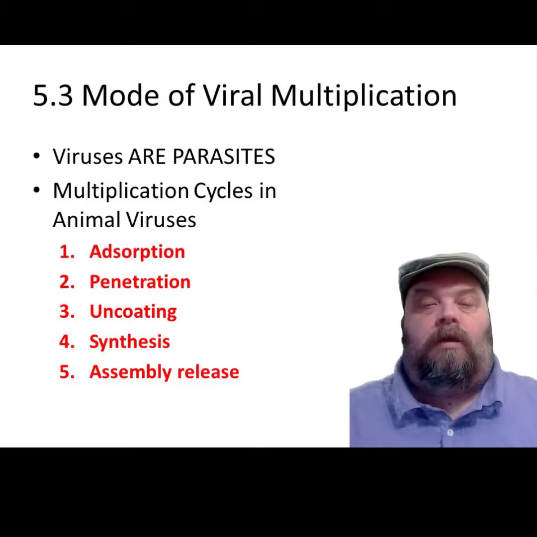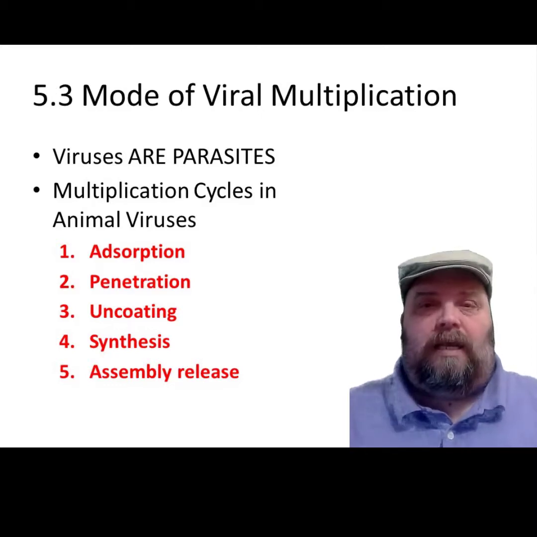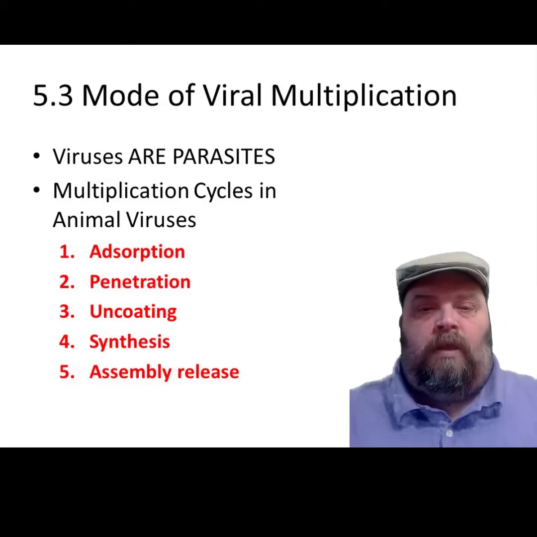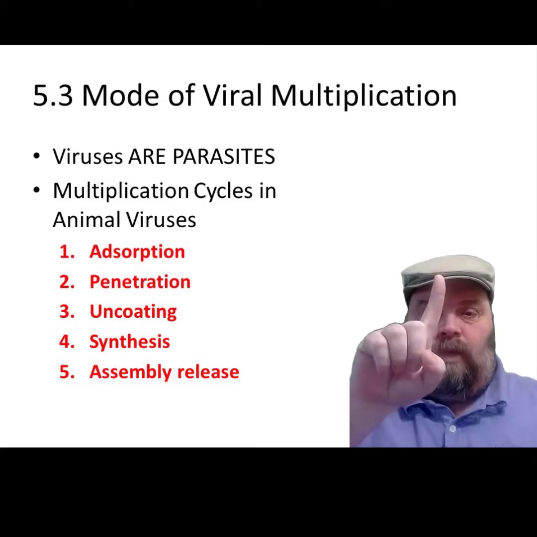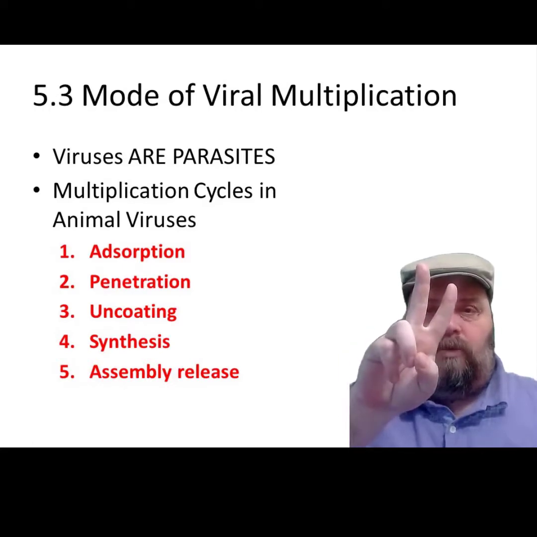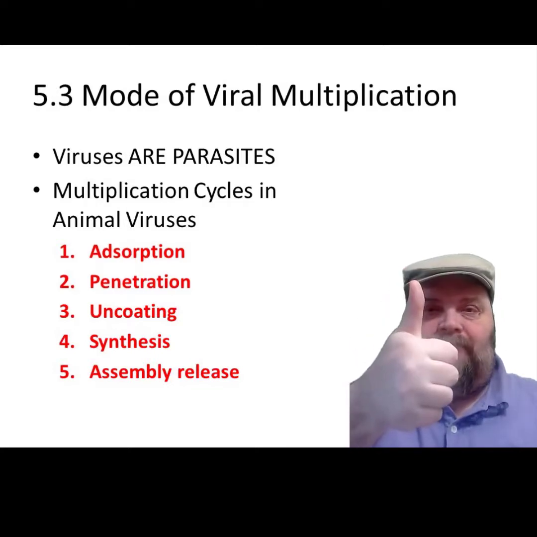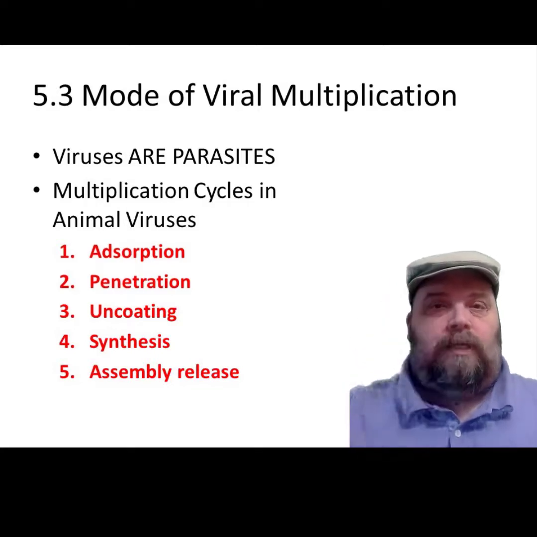Well, turns out there are 5 generalized steps that we're going to be looking at over this lecture and the next lecture. 5 steps: adsorption, penetration, uncoating, synthesis, assembly leading to release.